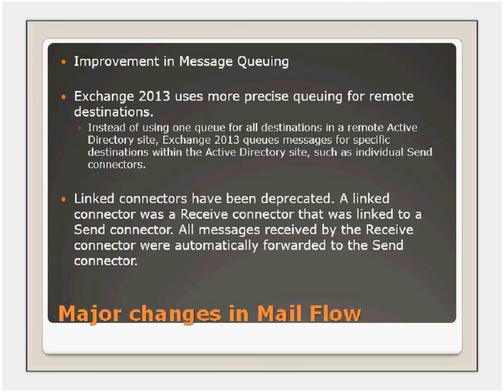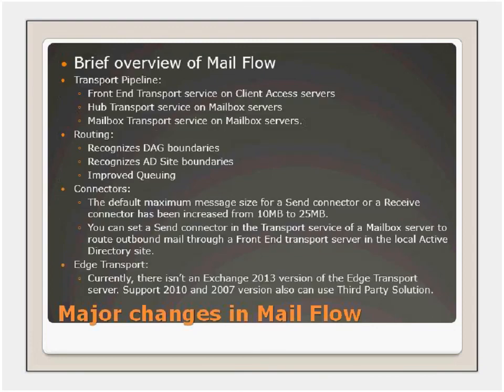You would use it if you want the email to be scanned by third-party software and come back to you, because you have a topology reason to do it. But that option is no longer there. You should figure out a new topology to do that, and that's not going to be a big deal because we have several other options to do those scannings. So the linked connector is no longer there in the mail flow.